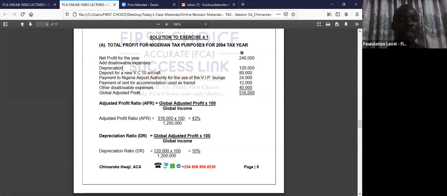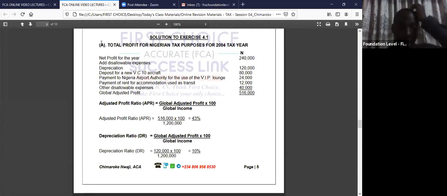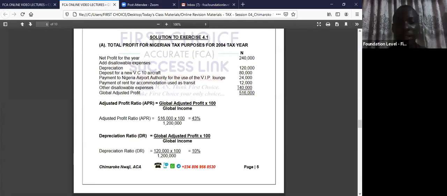First, chief of them is depreciation. We are told that depreciation is 120, and that's exactly what we did. Then the next one is other disallowable expenses, 40,000. So that's this 40,000 here.